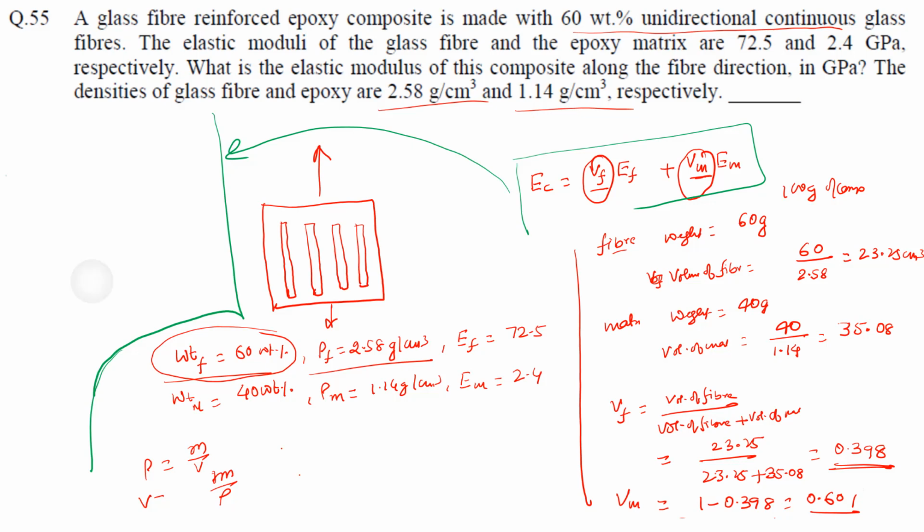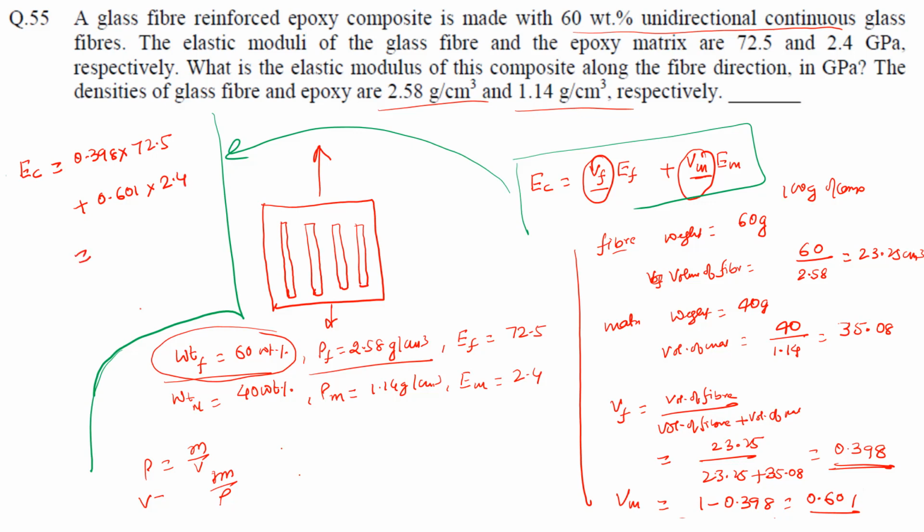So E of composite, if we calculate, will be volume fraction of fiber, 0.398, into 72.5 plus 0.601 into 2.4.